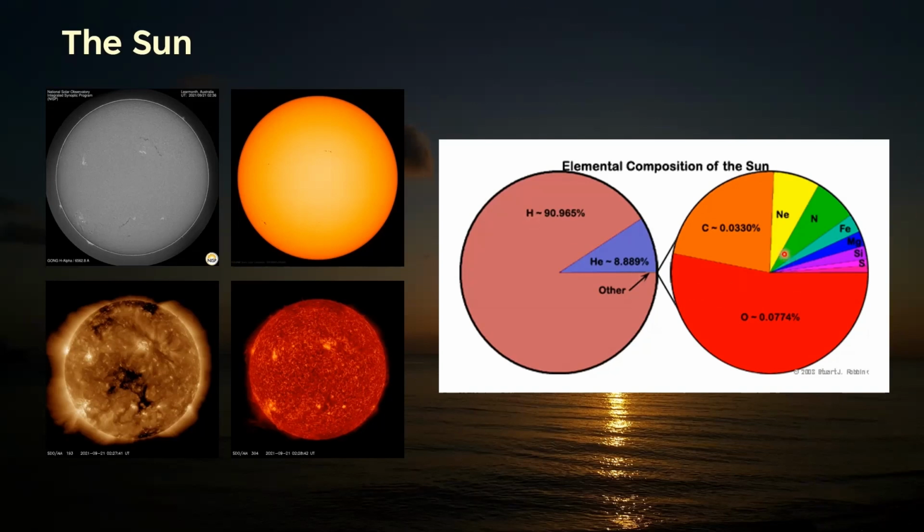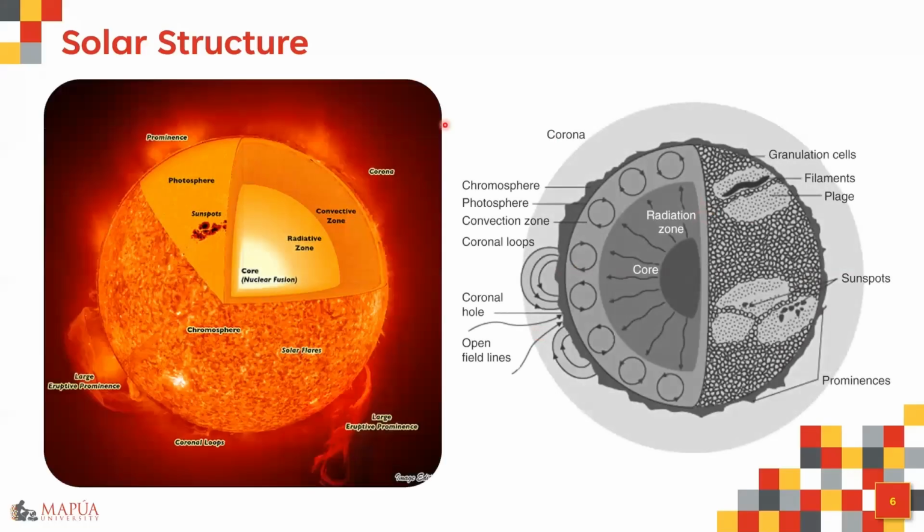So this is the basic structure of the sun, and again, most of the elements in the sun are in the form of hydrogen. This is the one that fuels the sun at its core. Most of the production of energy comes from the core, and it is transferred through the radiation zone and through convection.